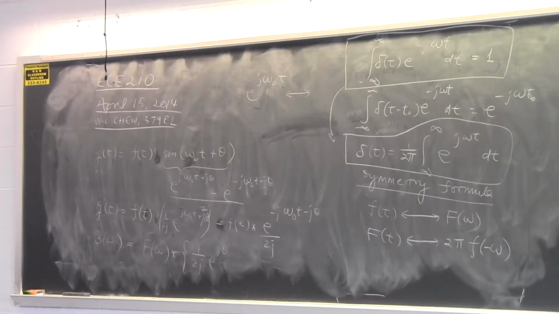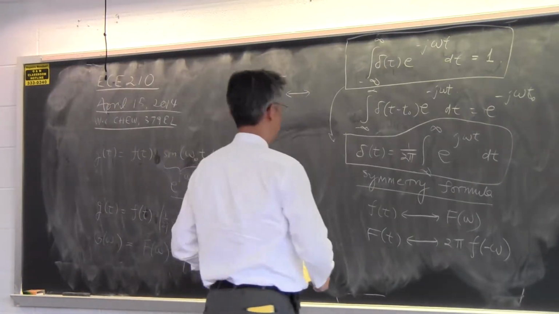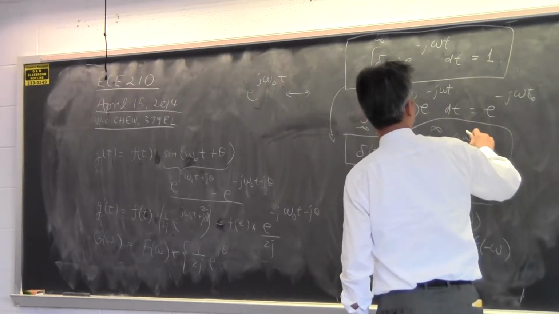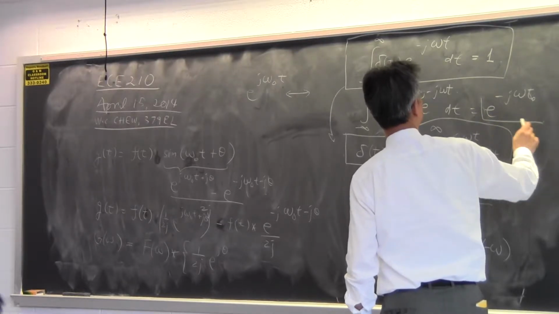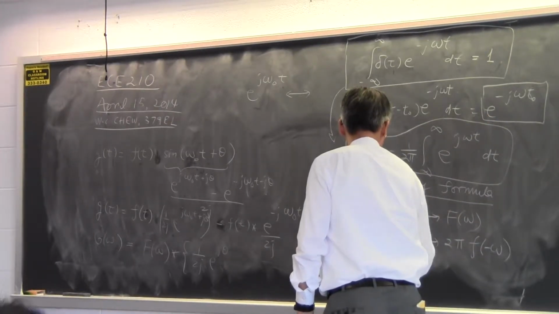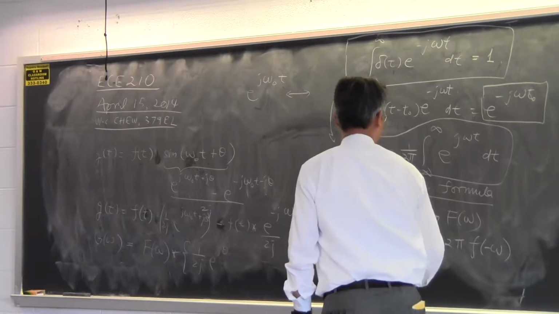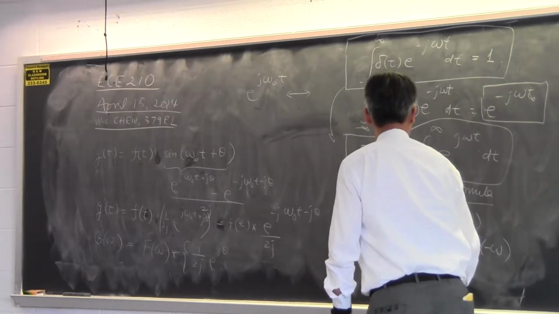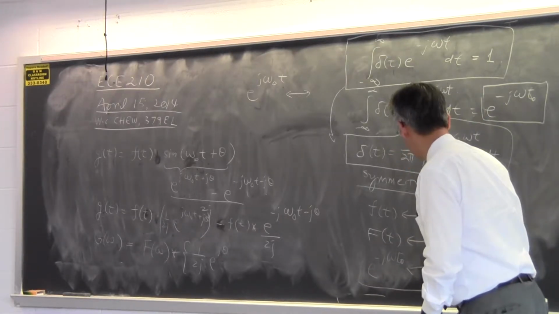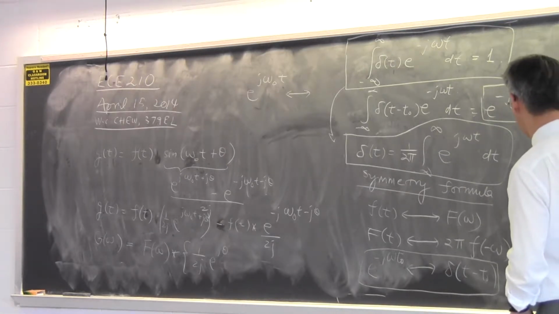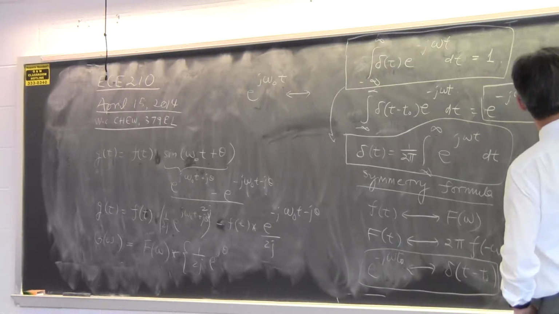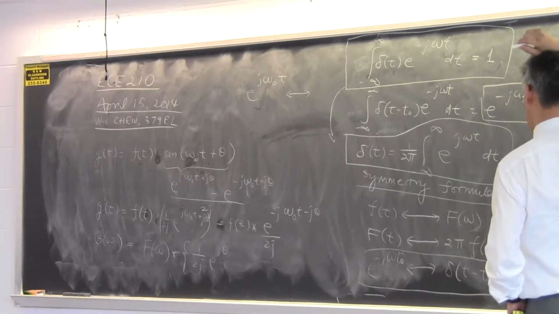Okay? So if you use this symmetry formula, then you will realize that this is a function of time. So if this thing Fourier transforms to, if e to the j omega t naught is related to the Fourier transform of this thing, okay, if this is true, they are related to each other by Fourier transform, then this must be true.